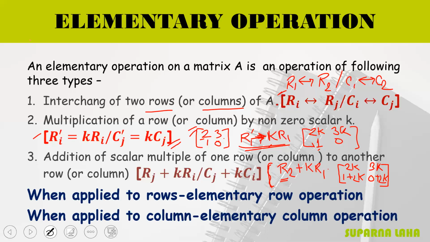So this is the process, or the types, of elementary operation. How many types are there, and how to check this, how to follow the elementary operation. What are the types? Now how to apply this on a matrix for finding the inverse.